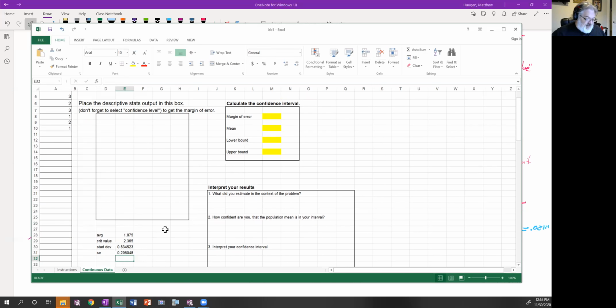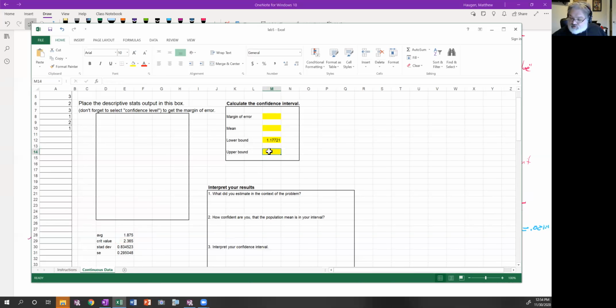But once we have that, our lower bound should be our mean, which I suppose we could put there. Oops, I'm doing too many things at once. So it should be our mean minus our critical value times standard error.